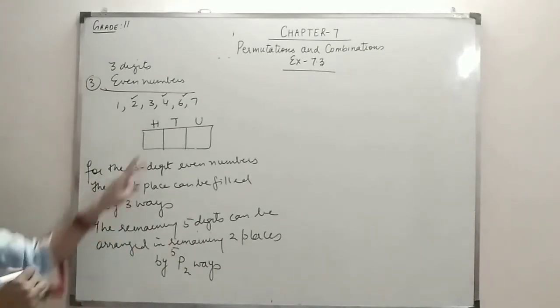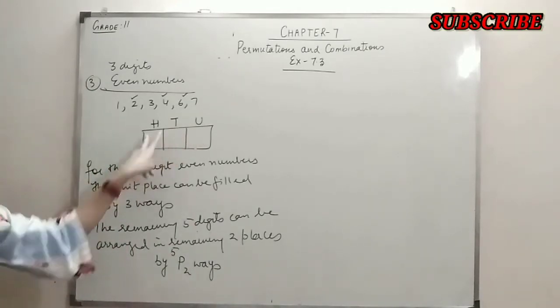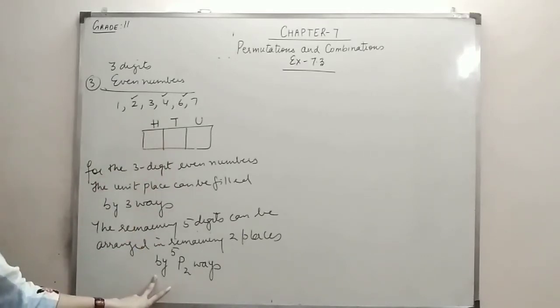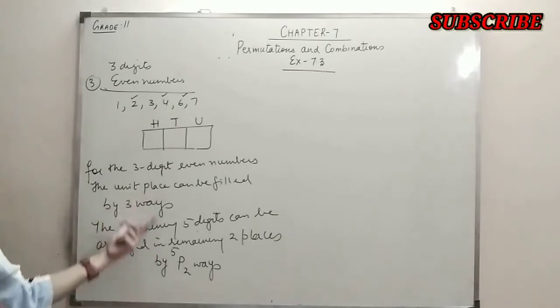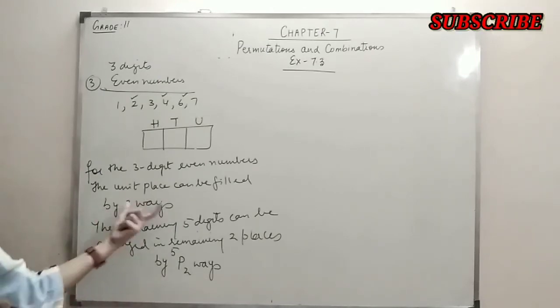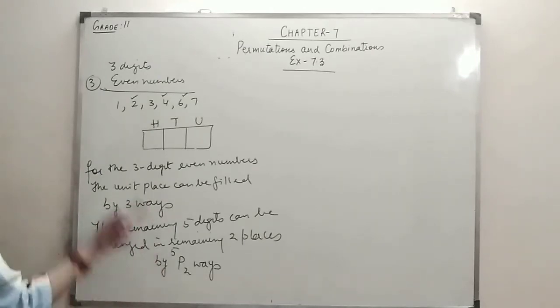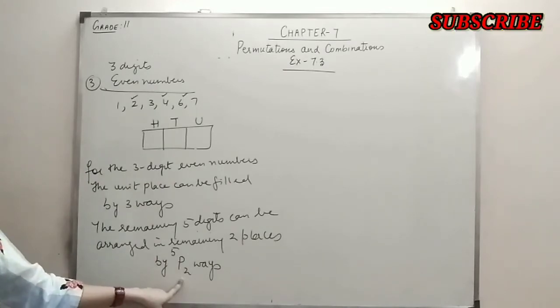Here the unit place can be filled in 3 ways and the remaining 2 places can be filled in permutation 5 2 ways. Then by the principle of multiplication, the required number of 3-digit even numbers is 3 multiplied by permutation 5 2.